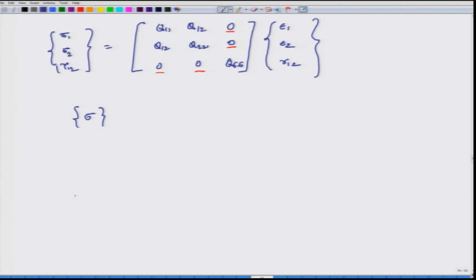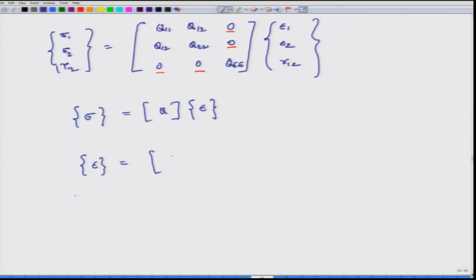So, I just write sigma, which denotes this vector. So, this equals Q matrix, which is the stiffness matrix, times the strain vector. I can also multiply both the sides of this equation by inverse of Q matrix, and what that gives me is that if I want to compute a strain in terms of stresses, then the inverse of Q matrix will help me compute that.